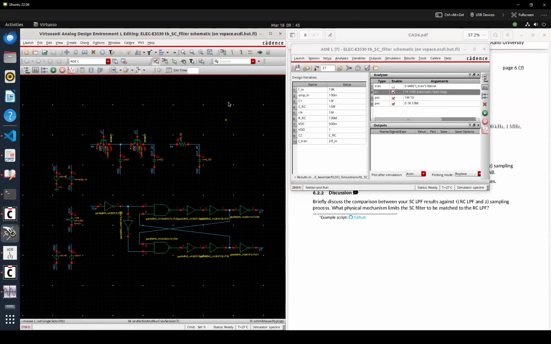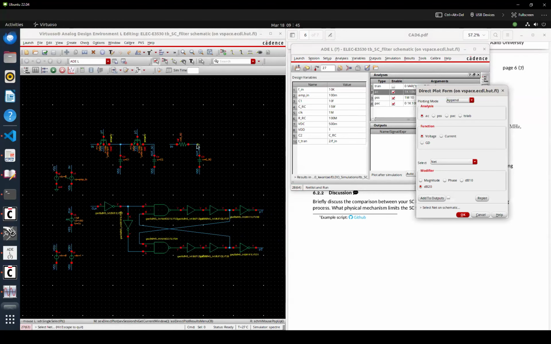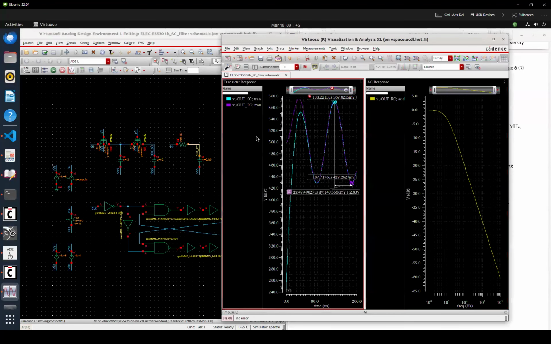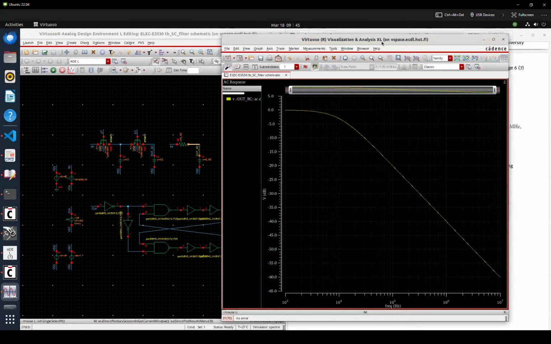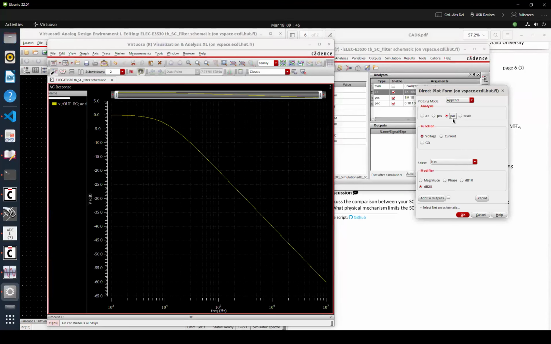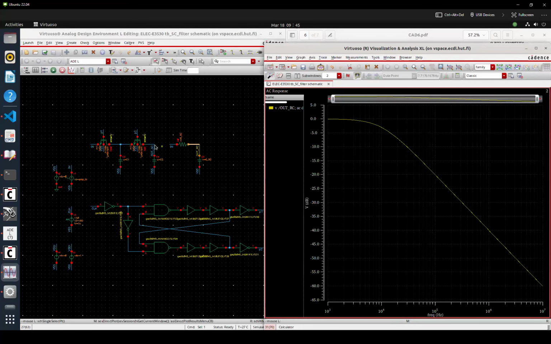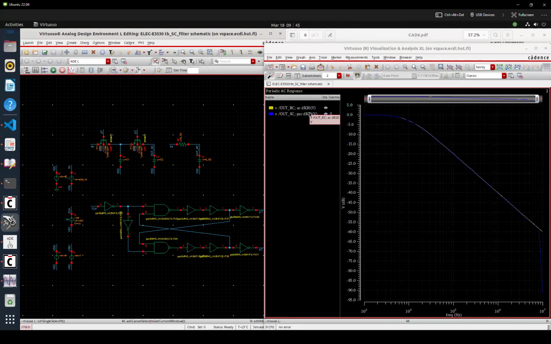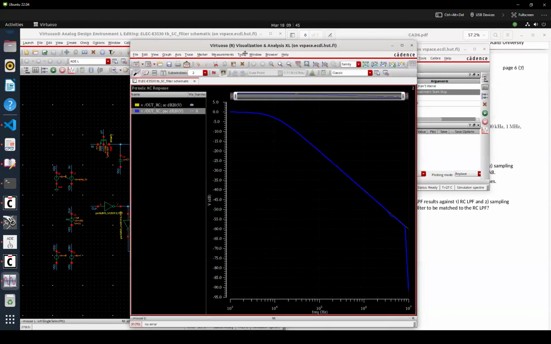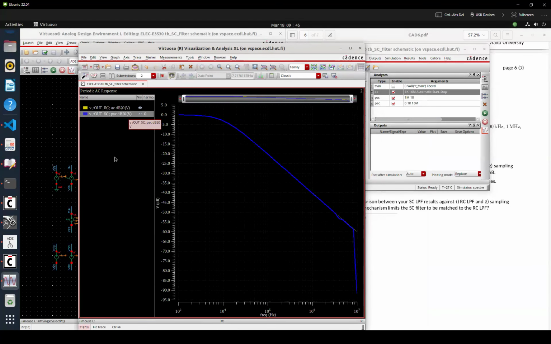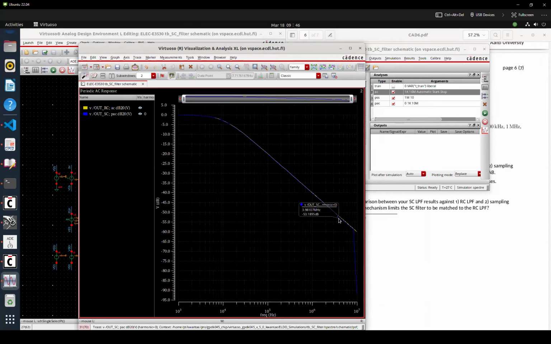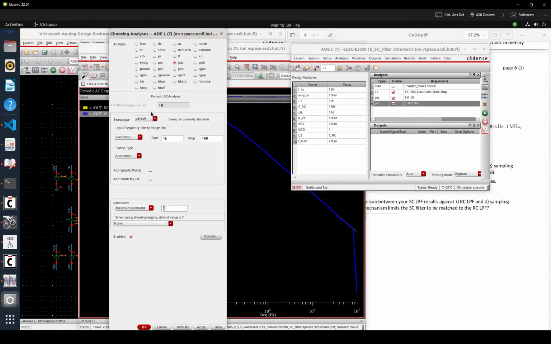Okay. So we can plot the AC response. Let me delete this window. And for the PAC, you can select spectrum dB and this one. Yeah, so you can see that it has almost no difference between PAC and RC. Of course, there is some jumpy behavior at high frequency. So to have a look, you can run more points.